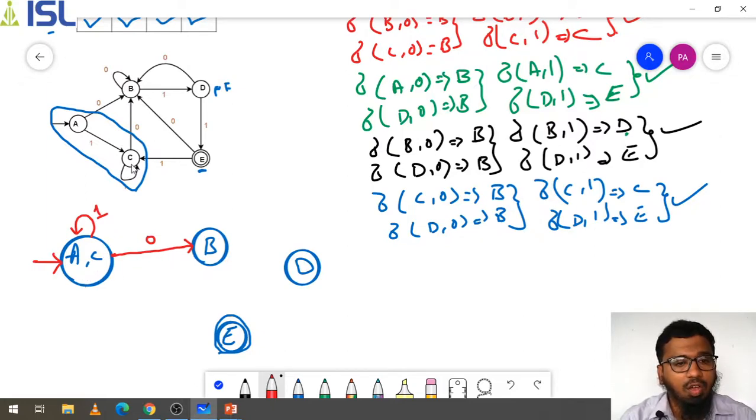Next, C on 0 is going to B, and C on 1 is going to C only.